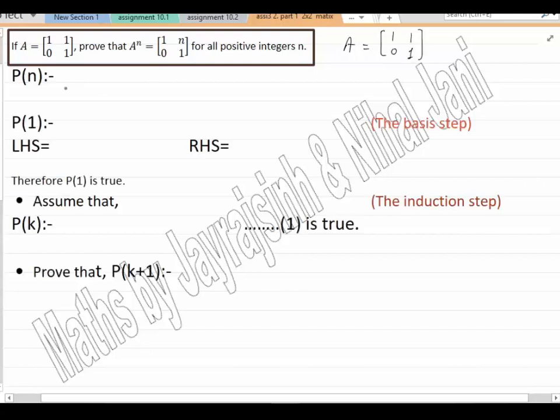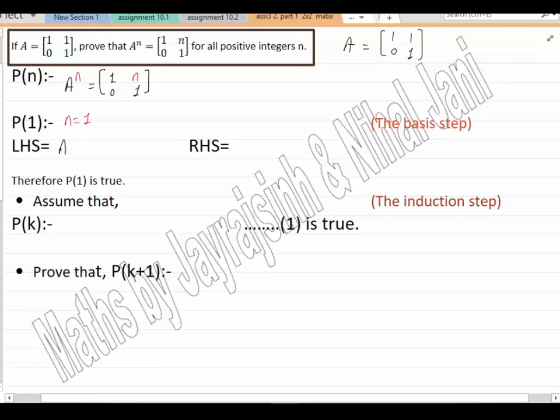Okay, so first of all, let me get the predefined format. Here it is. We have to prove that A raised to n is equal to the matrix 1 n 0 1. Now let's do the first step, the basic step, P of 1, in which we have to put n equal to 1 in the left hand side and right hand side.